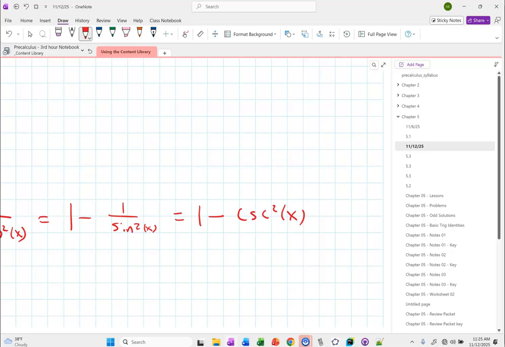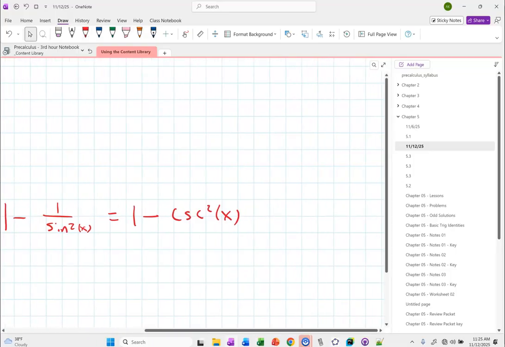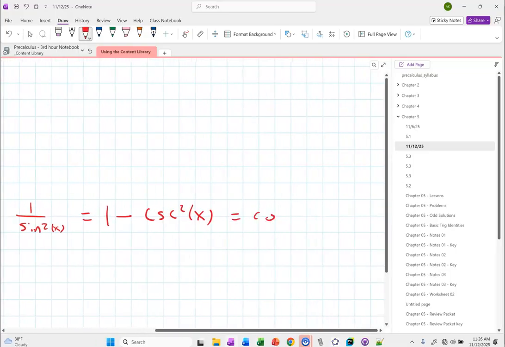So I still have 2 objects here. I'd look at my identities. Where would I be looking if I see 1s and things added and subtracted and squared? Yeah. What do you see in there? Yeah, it should be cotangent squared, right?